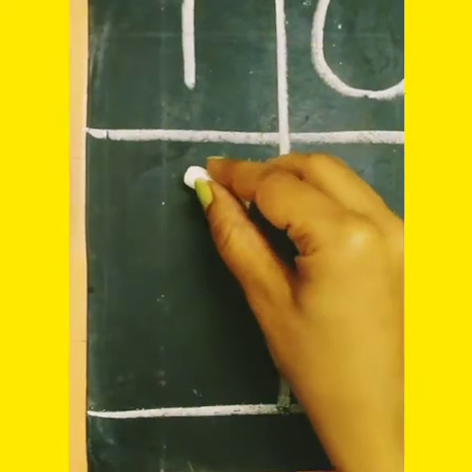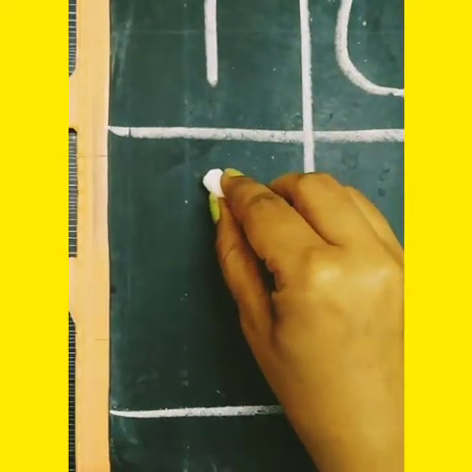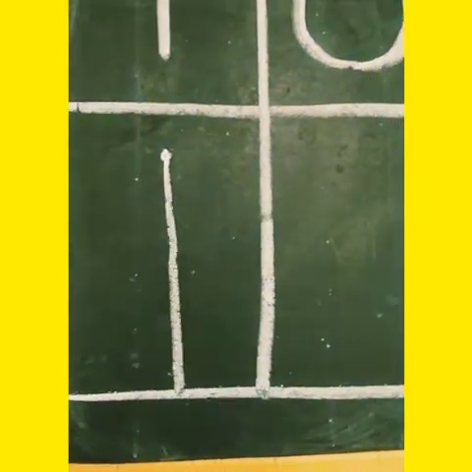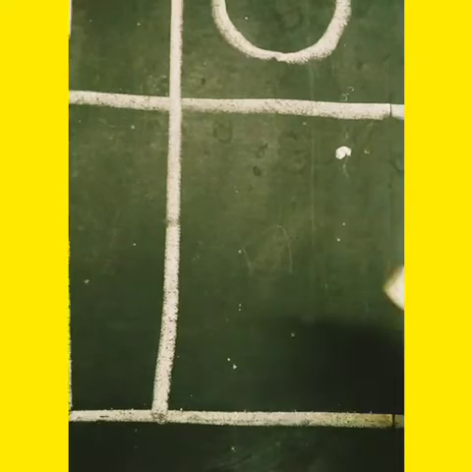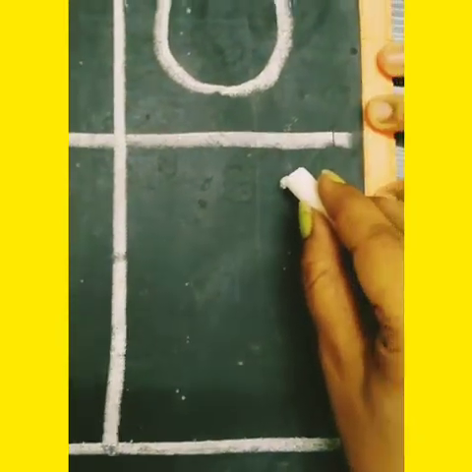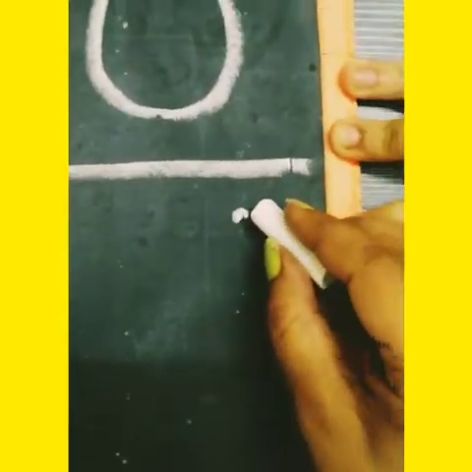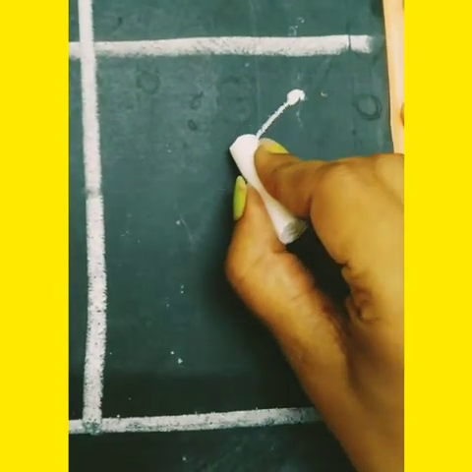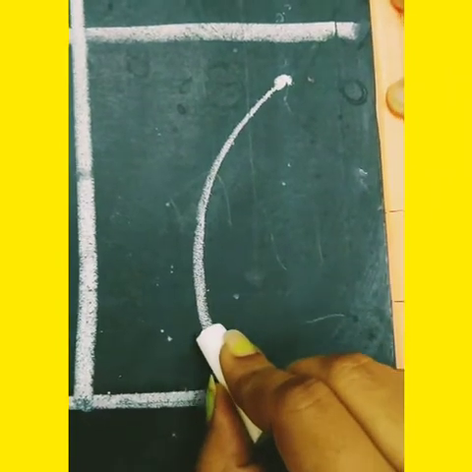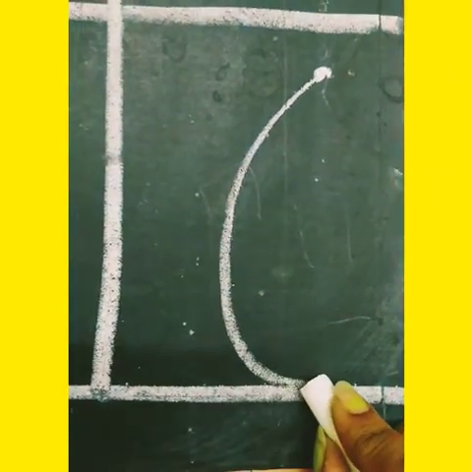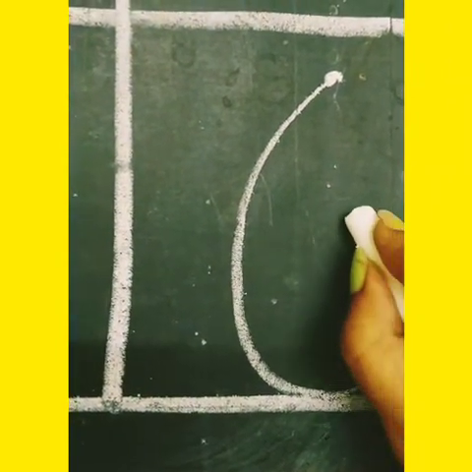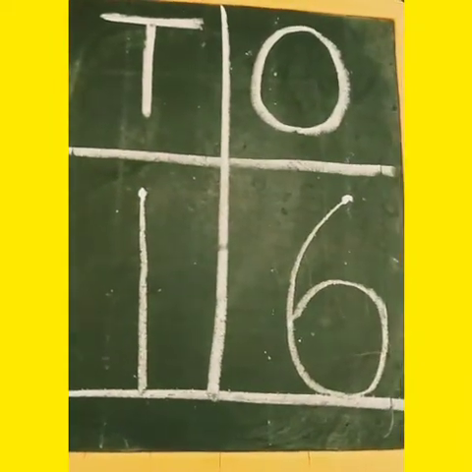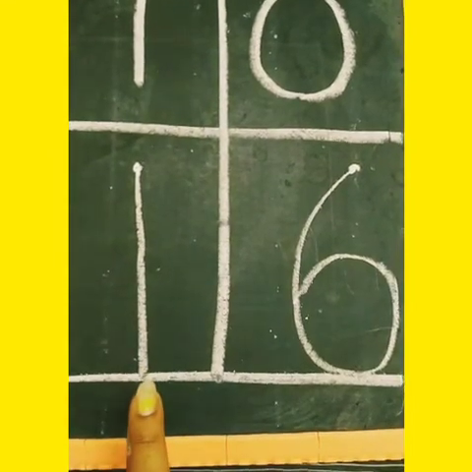From this dot first you have to make number 1. Now from this second dot you have to make number 6. Start from this dot, make a curve, touch this line, then go up and make a circle like this.